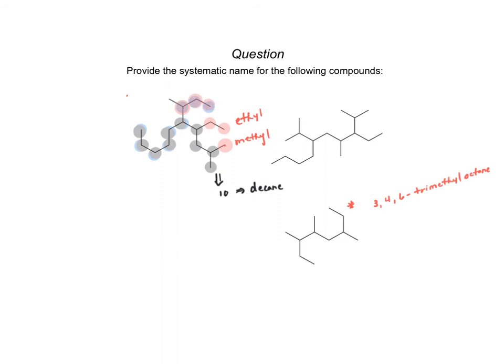So we've got a 1, 2, 3 with a methyl branching off of it. So if we wanted to name this formally, this would be 1, 2, 3. We would name this 1 methyl, because of this guy coming off the 1 position, and then 1 methyl propyl. That would be the name of the substituent.